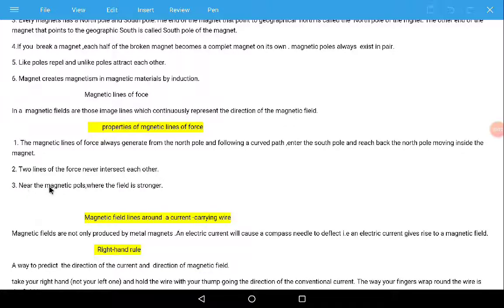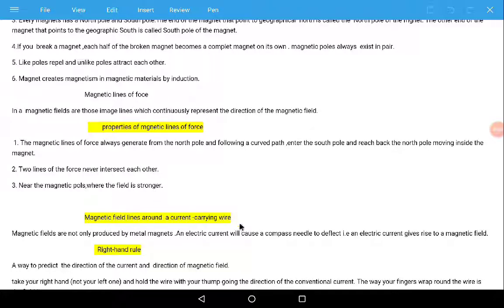The third one: near the magnet poles, where the field is stronger, the field lines are closer to each other, then the magnetic field is strong, and when the field lines are far apart, then the magnetic field is weak. So the magnetic field lines determine the strength of the magnetic field.